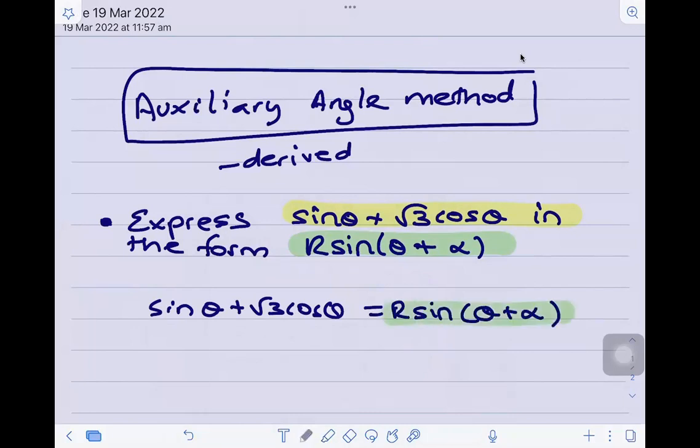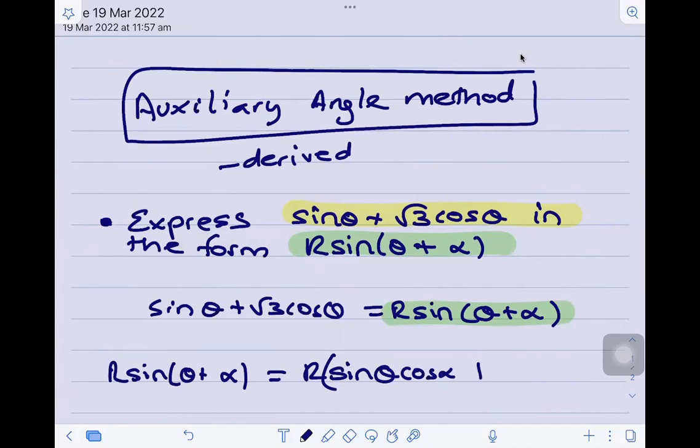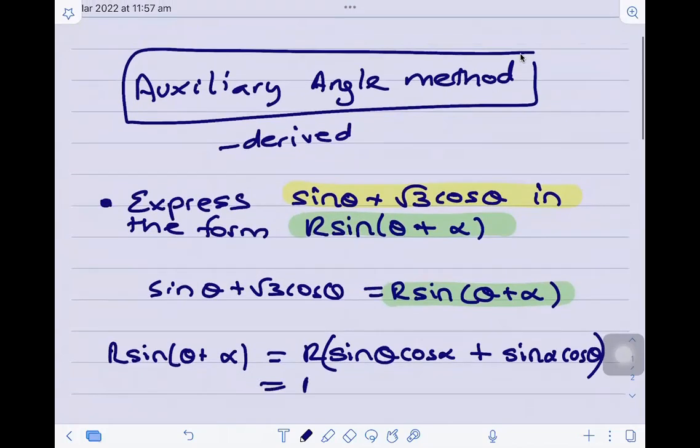So if you take the r sine theta plus alpha and you expand it, that's going to be r sine theta cos alpha, because it's sine cos, sine same sine, so it's sine alpha cos theta. So that's r sine theta cos alpha plus r sine alpha cos theta, just expanding the whole thing out.